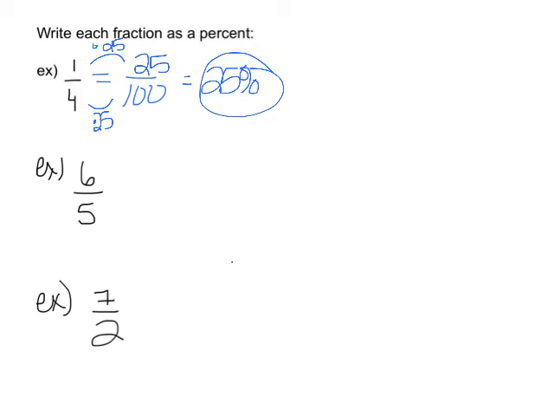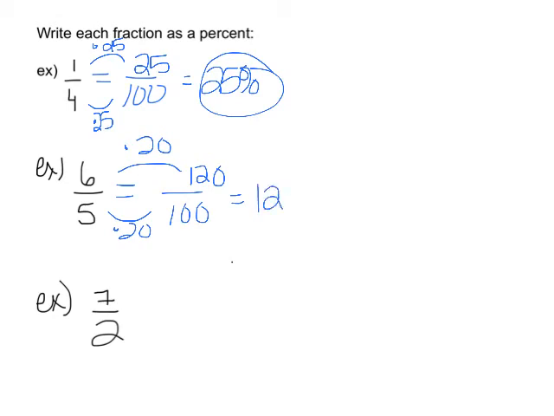Go ahead and pause the video, and I want you to try these two on your own. So 5 times 20 will equal 100. So 6 times 20 is going to equal 120, which is going to equal 120%, because that's my numerator.